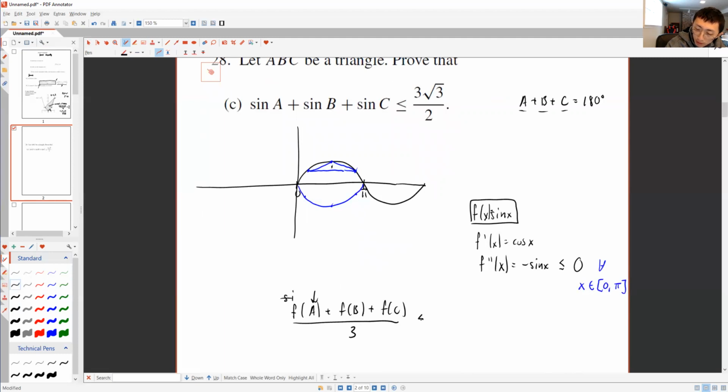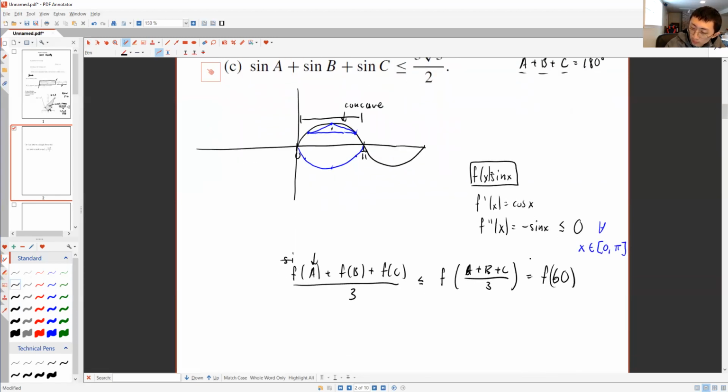This is going to be less than or equal to, because the function is concave in the interval from 0 to pi, f of the average of the 3 points. And since this is a triangle, this is just f of 60 degrees, because a plus b plus c is 180 degrees.